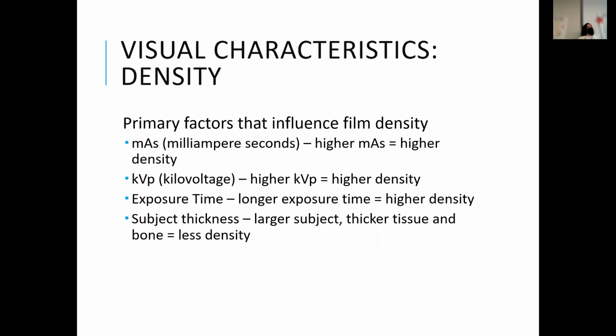A lot of this is kind of intuitive, but you can't just rely on the intuition of power up, darker, because there are a couple of times when this won't work out, especially when we're talking about contrast. But for density, higher power, darker image. So higher MA, higher density, darker image; higher KVP, higher density, darker image.